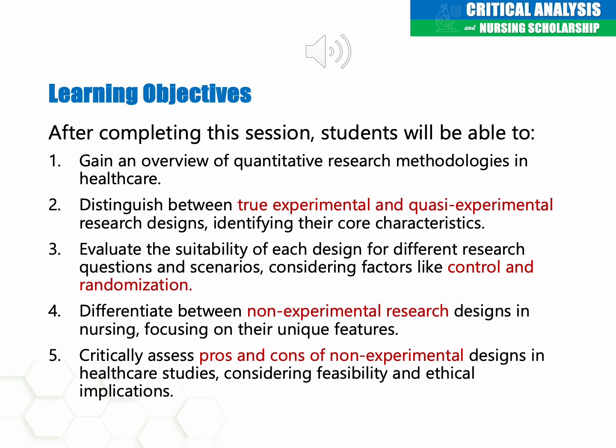Number 3, evaluate the suitability of each design for different research questions and scenarios, considering factors like control and randomization. Number 4, differentiate between non-experimental research designs in nursing, focusing on their unique features. And number 5, critically assess pros and cons of non-experimental research designs in nursing studies, considering feasibility and ethical implications.